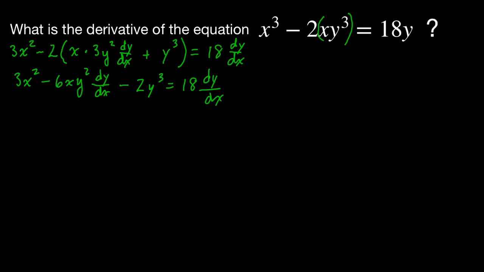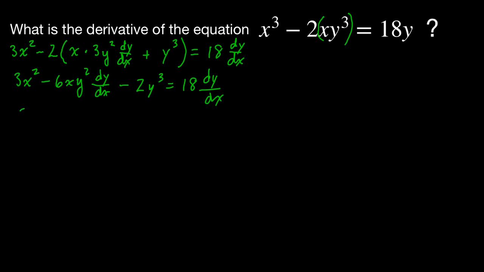And our goal here is going to be to solve for dy/dx. So we need to get terms that have dy/dx on the same side of the equation and everything that does not have a dy/dx on it will stay on the other side. So what I'm going to do is I'm going to move this term over to this side by adding it.